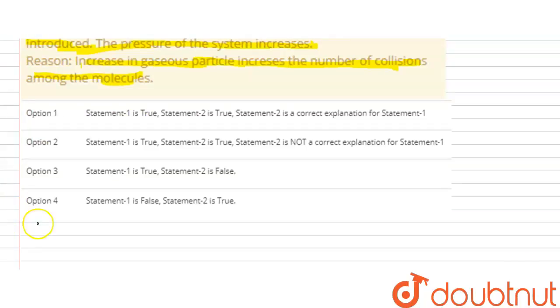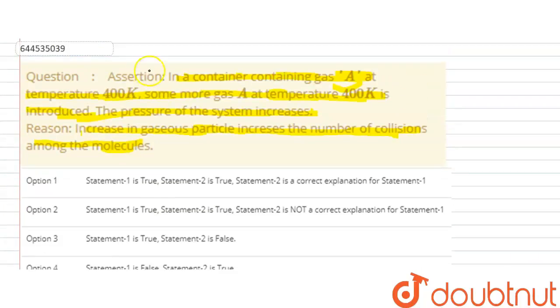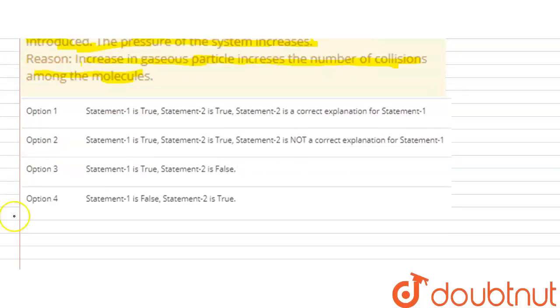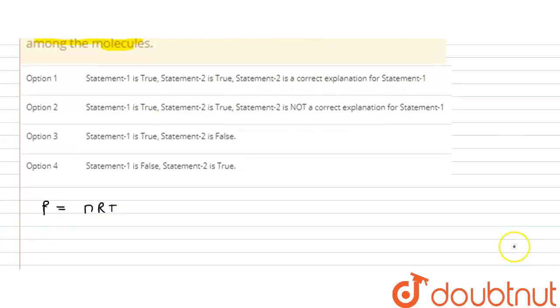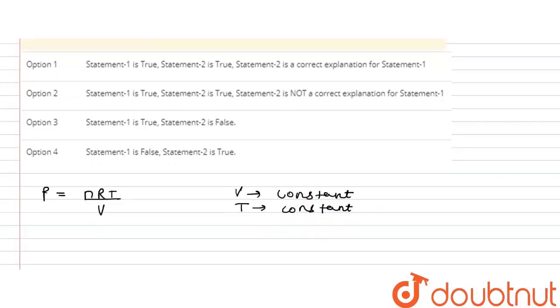So the first statement says that there has been an addition of some more gas A at the same temperature. So we know very well by the ideal gas equation that P is equal to nRT by V, right? Now you know that volume here is constant because it is the same container in which the gas is getting added. Temperature is also constant because at the same temperature the gas is getting added.